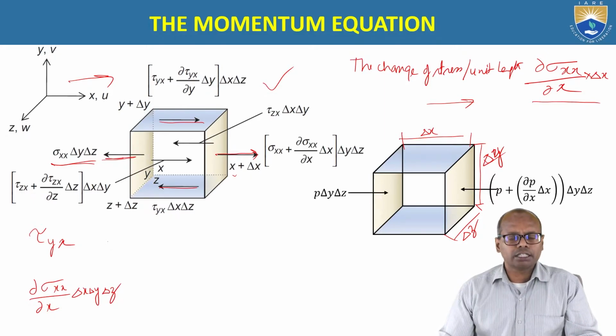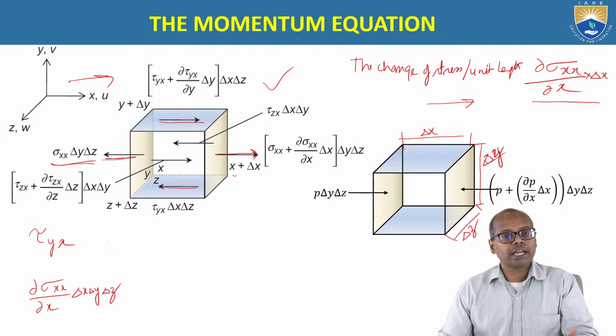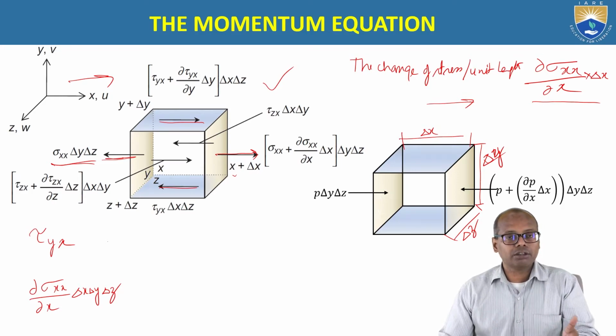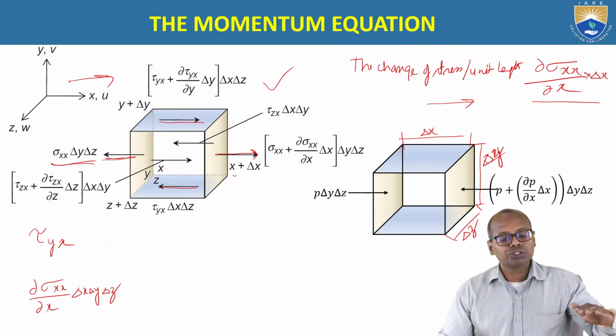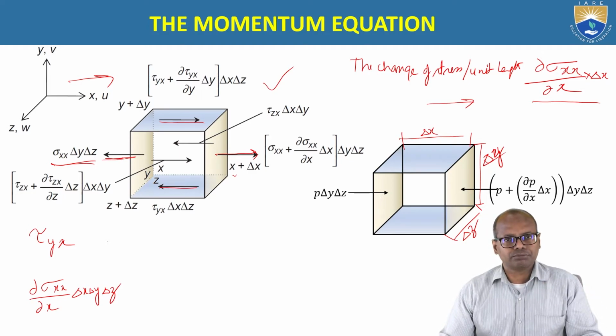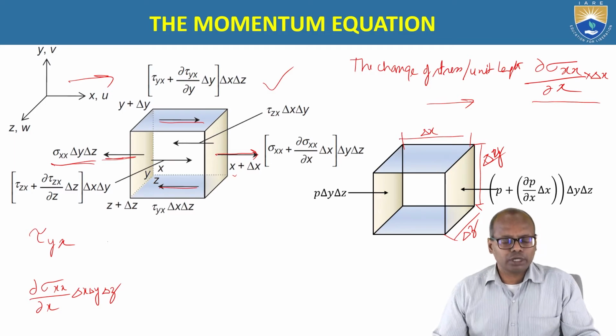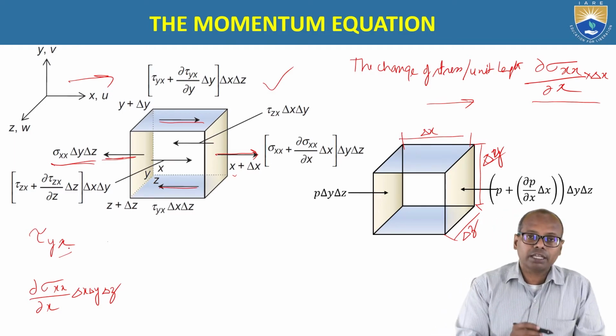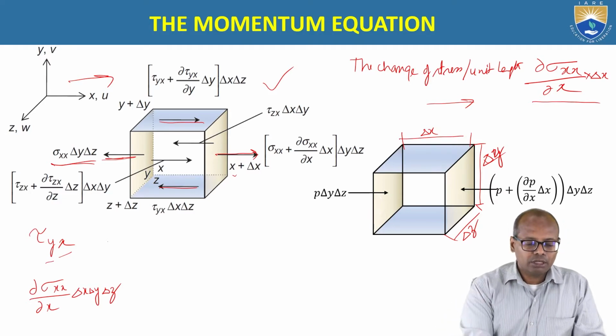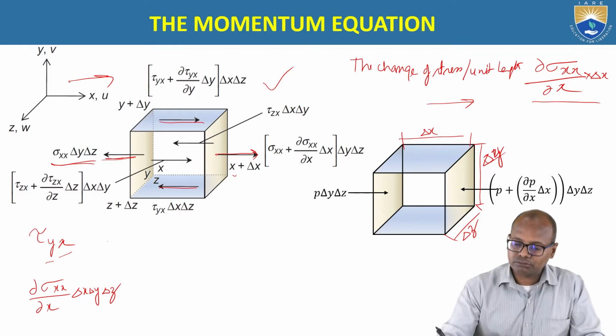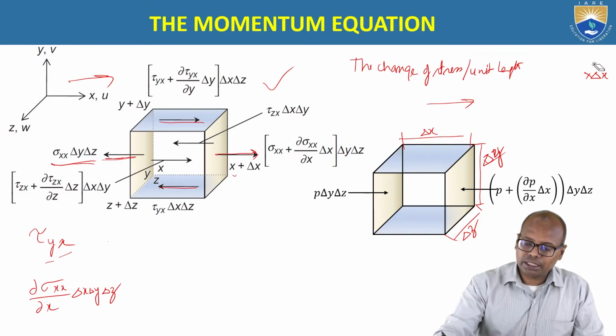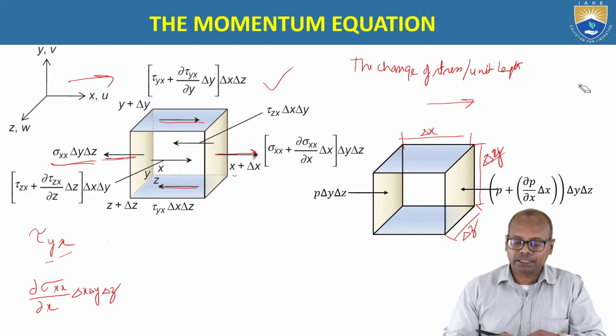You can designate in another way also. It is acting in x direction and it is acting on a face which is perpendicular to y direction. That is also given. So the easiest to understand is it is acting in x direction and it is changing in y direction. Now when it is changing in y direction, what is the change of stress per unit length?